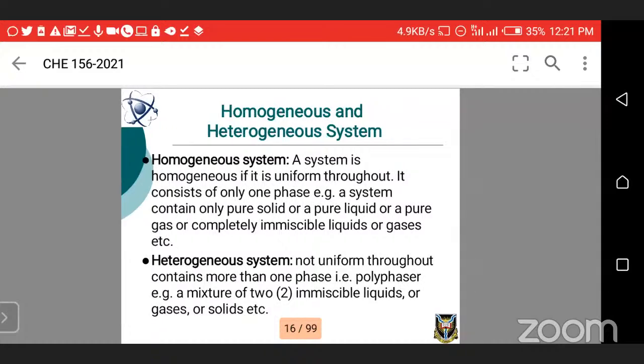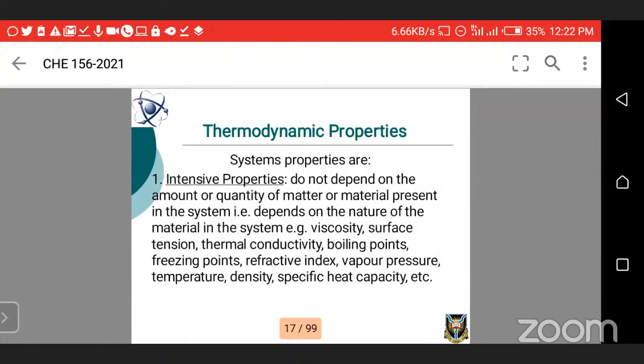So then we also look at thermodynamic properties. For example, we have intensive properties.